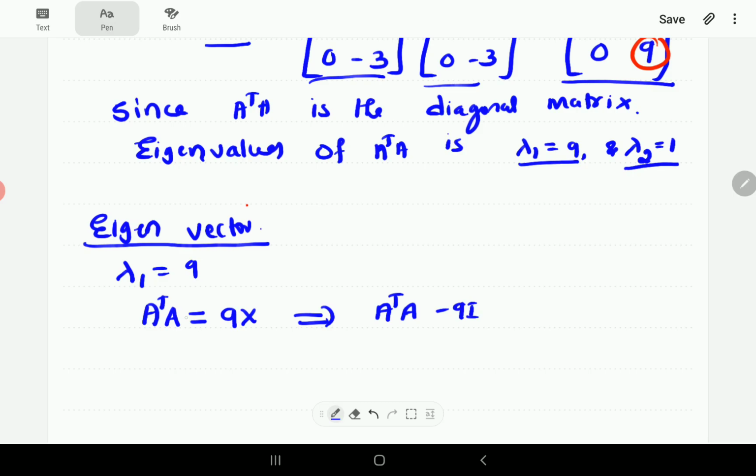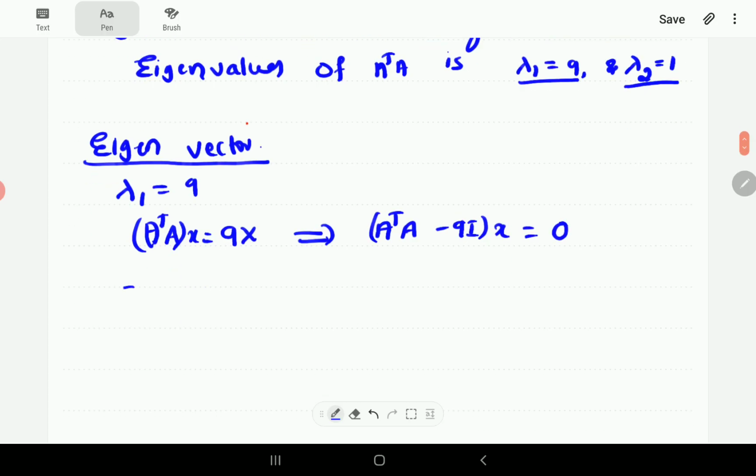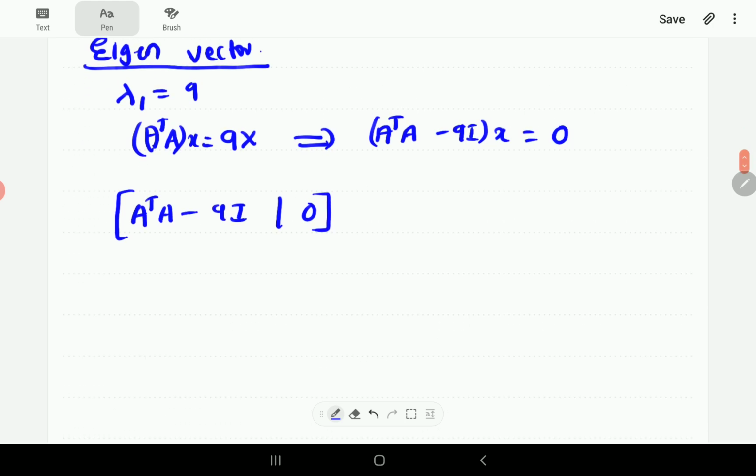Let me write this as: taking the matrix A transpose into A times X equal to 9X. Therefore A transpose into A minus 9I times X equal to 0, or in other words, it is A transpose into A minus 9I augmenting this with 0. This should be our matrix.